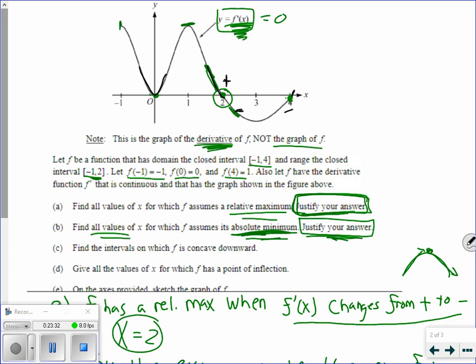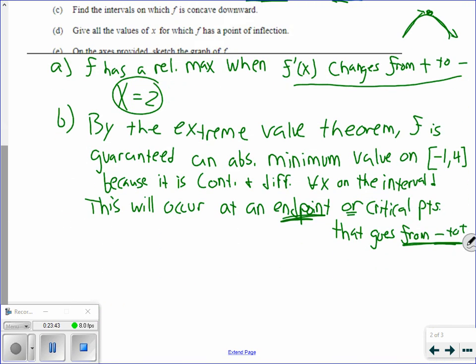This is positive to negative. This is negative to whatever. And this is positive to positive. So there are no critical points to check. So we're going to specify that no critical points go from negative to positive. So we're just going to check the endpoints.